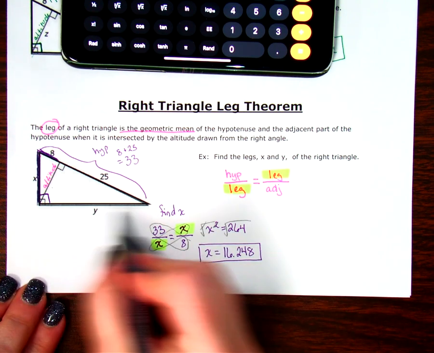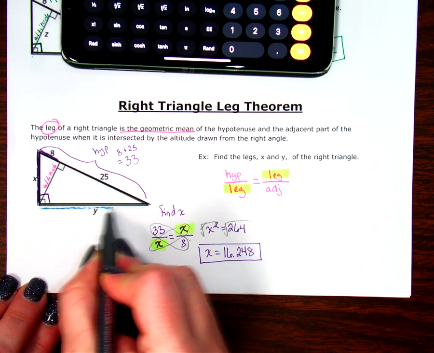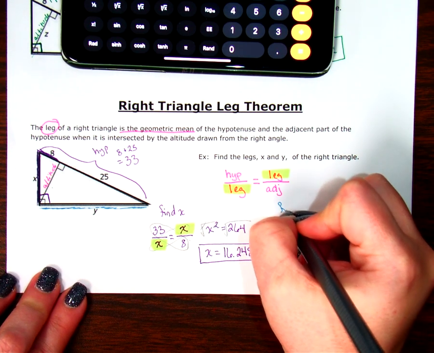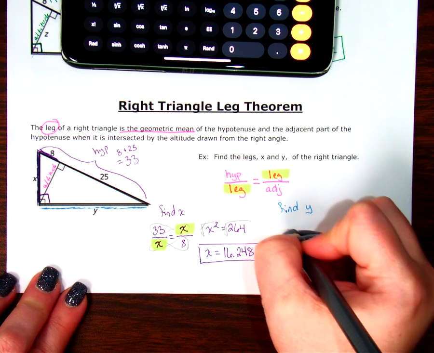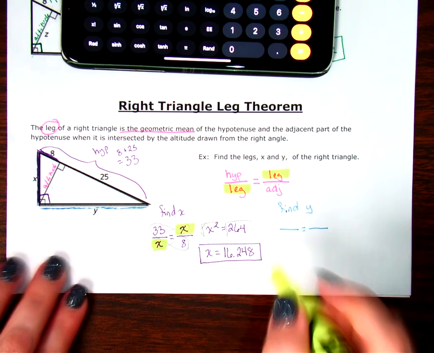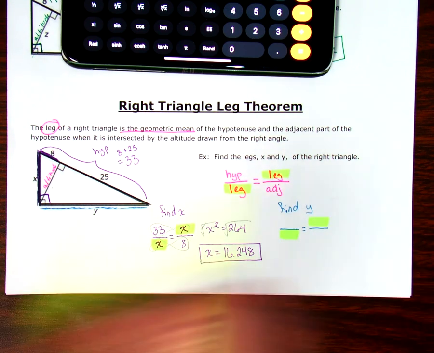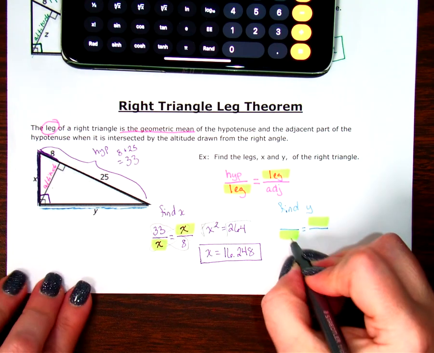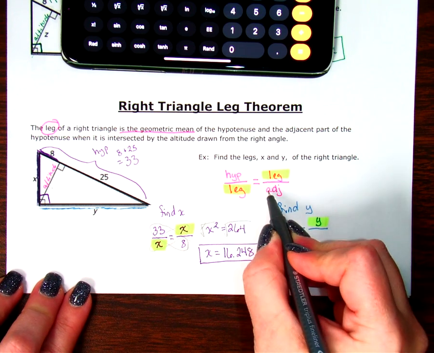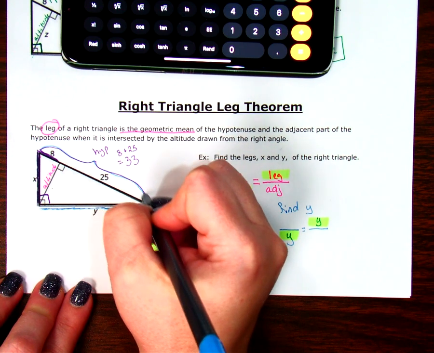All right, and then I still want to find y. y is also a leg. It's my other leg. I'm going to do it in blue here. So if I want to find y, again, y is a leg, so it is the geometric mean, which means it's going to go in the bottom of one fraction and the top of the other fraction. y is the geometric mean between the hypotenuse and the adjacent side.